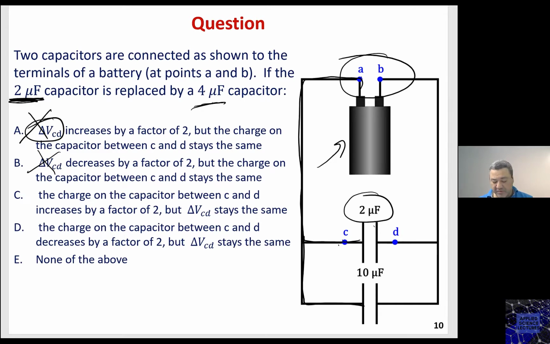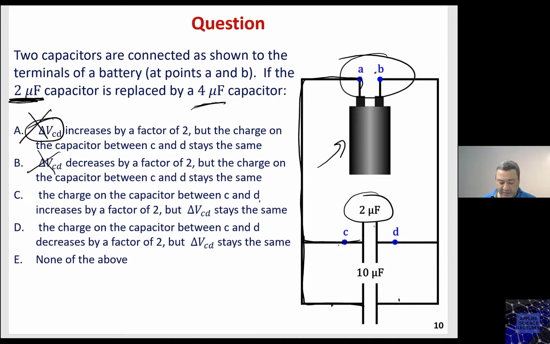So this capacitor is connected directly to the battery, and the potential difference across the capacitor will be the same as the potential difference across both capacitors. So A and B are wrong. In C, the charge on the capacitor between C and D increases by a factor of 2, but delta VCD stays the same.